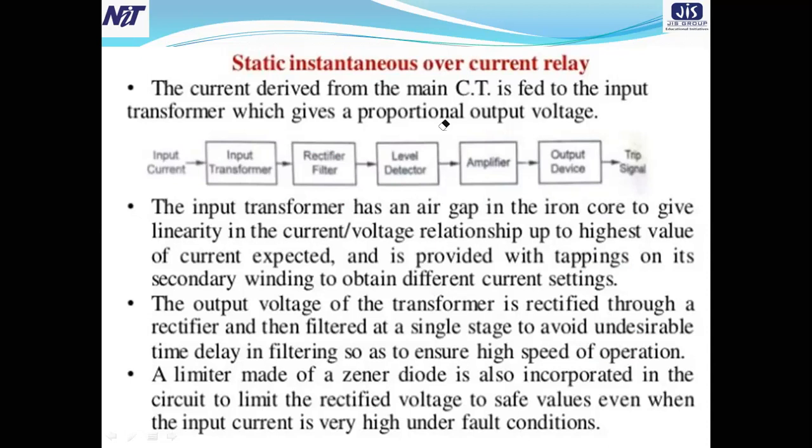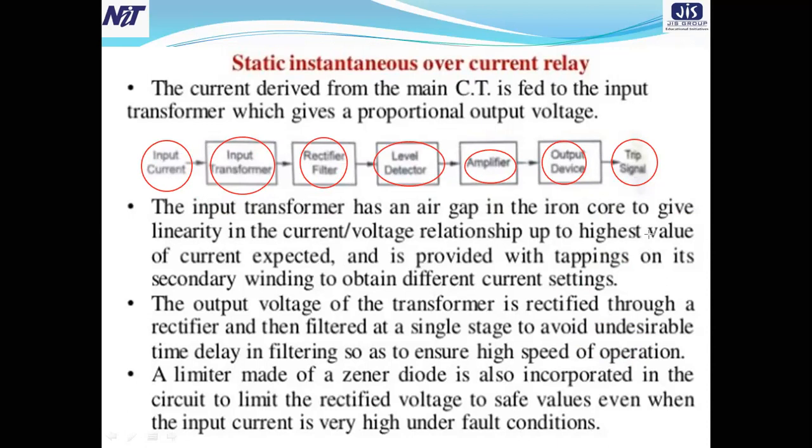The input current goes to the input transformer, then through the rectifier or filter to the level detector. Again it is amplified by the amplifier, goes to the output device, and finally we get the trip signal or alarm. This is the process.